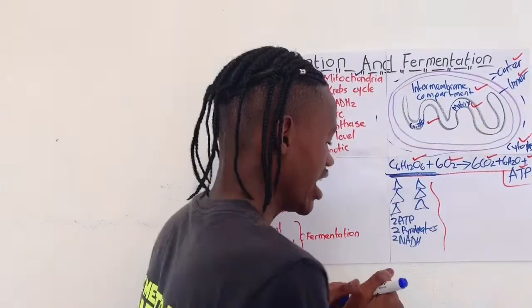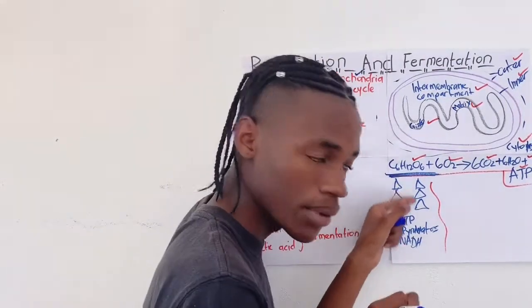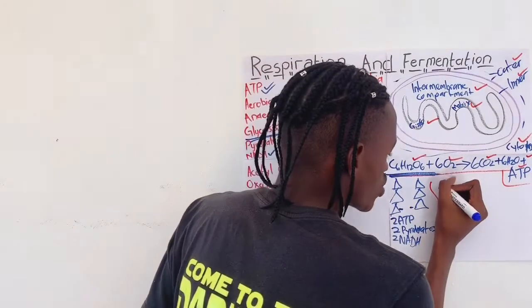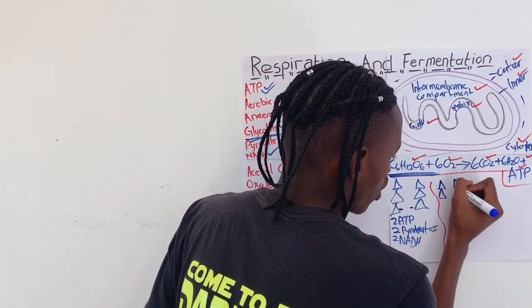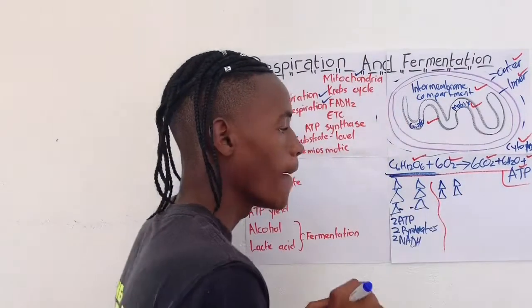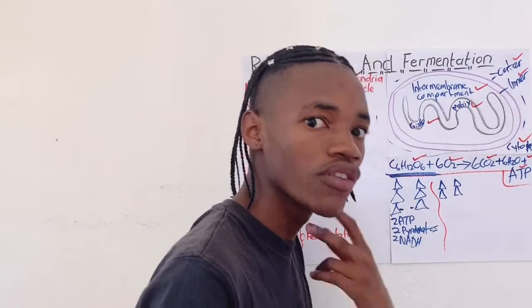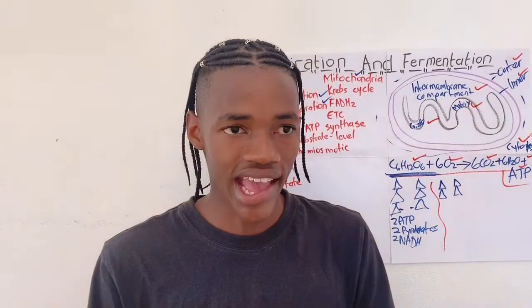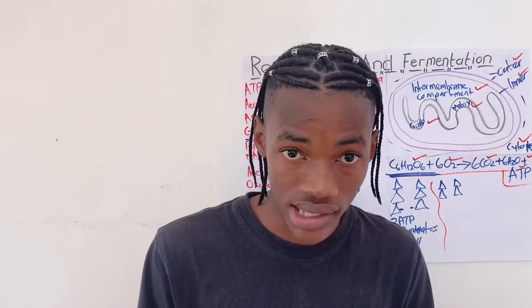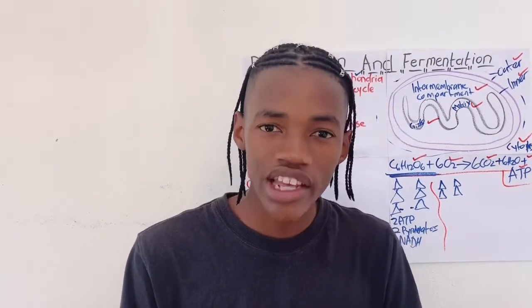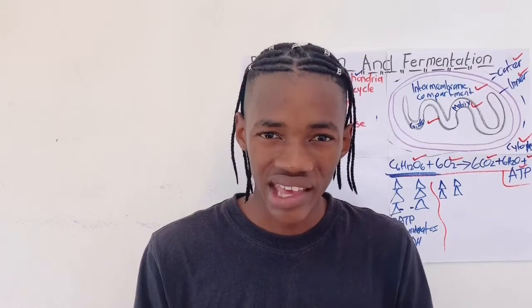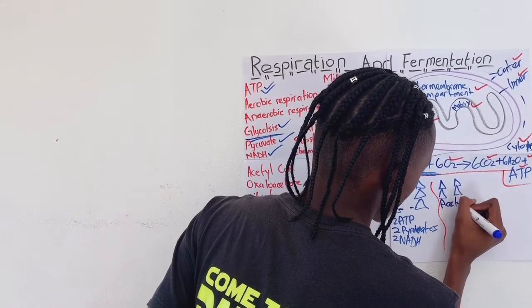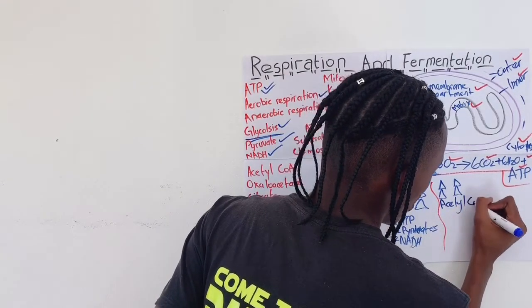So if our pyruvate was a 3 carbon molecule, and a carbon is removed, we are going to have two molecules that are composed of 2 carbons, and then these carbons join with a coenzyme, right? And when they join with a coenzyme, they become acetyl CoA.